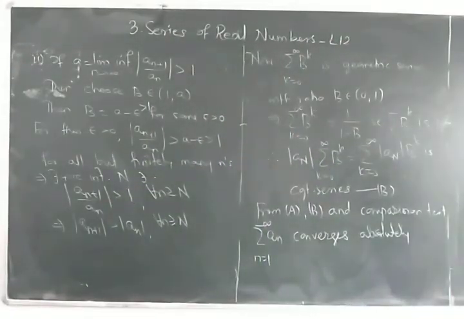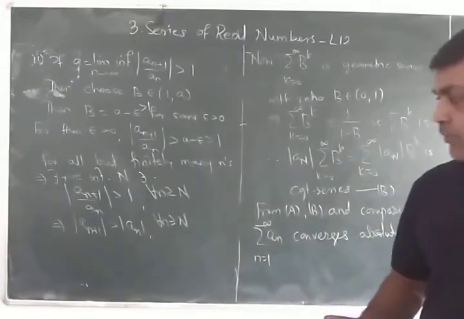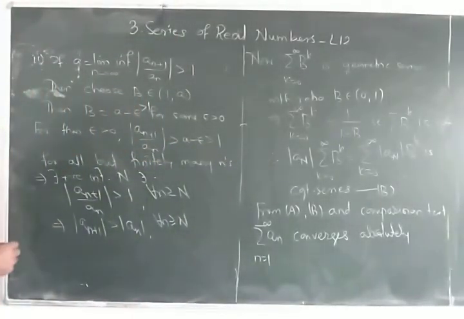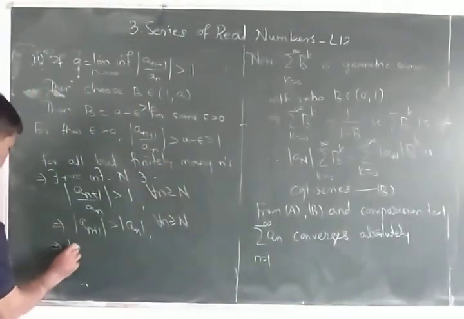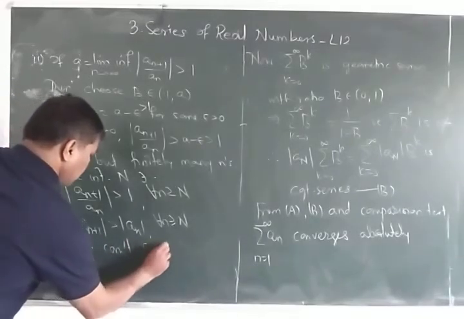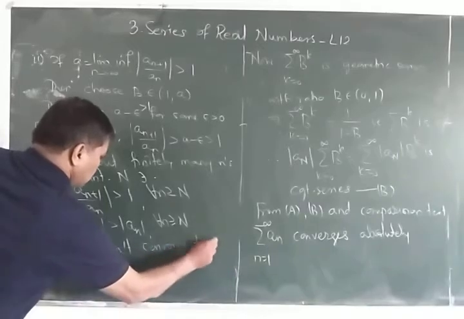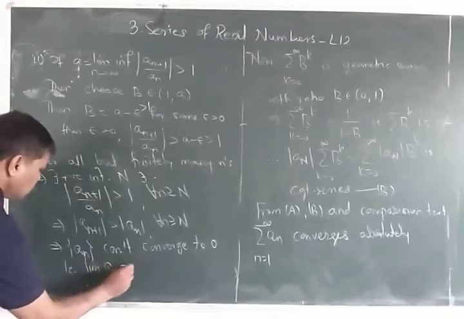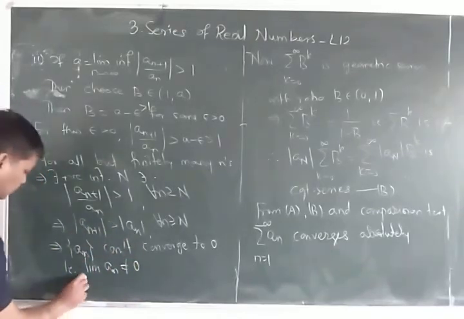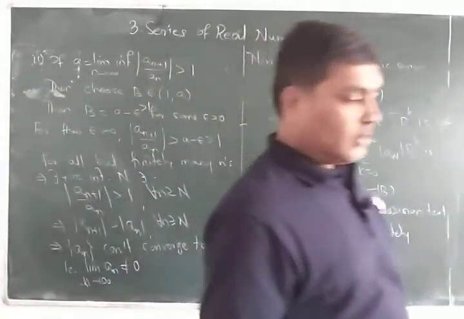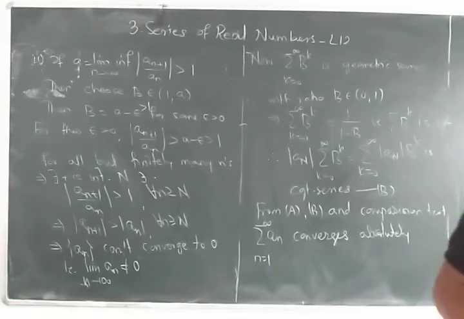This implies a_n cannot converge to 0. That is, the limit of a_n must not be 0. And therefore, by the necessary condition for convergent series, summation of a_n must be a divergent series.